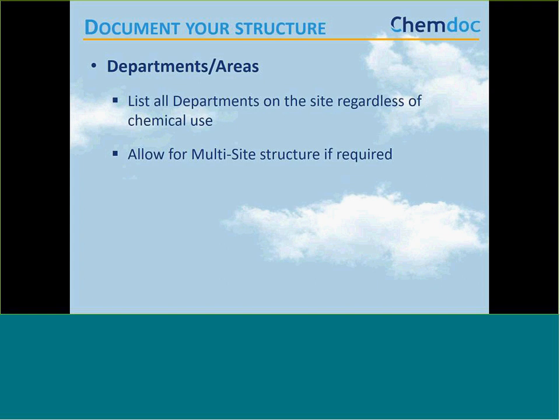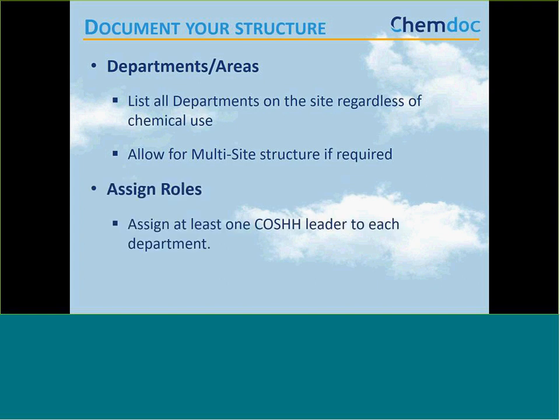List out your departments, and then following on from that, you can look at what chemicals are within them. If you have a multi-site structure, maybe 2 or 3 sites, obviously allow for that: site A with 3 departments, site B with 4 departments, etc. So start off by listing out your full structure, your sites and your departments.